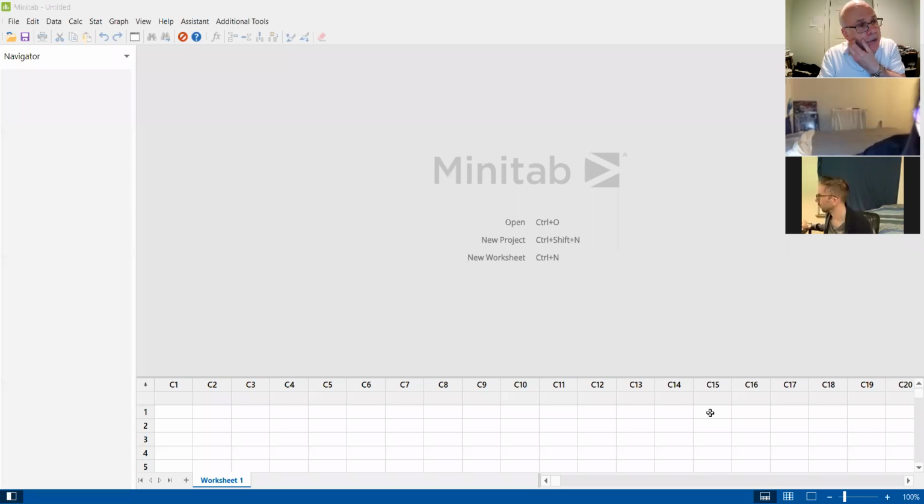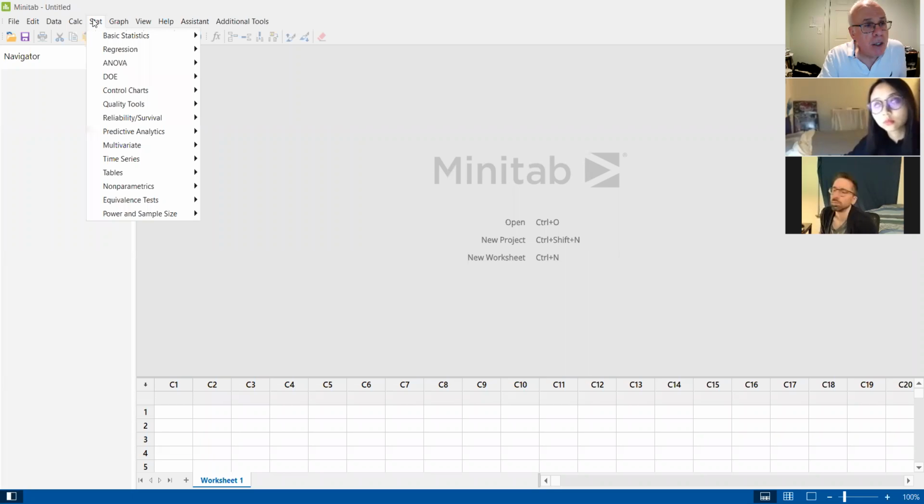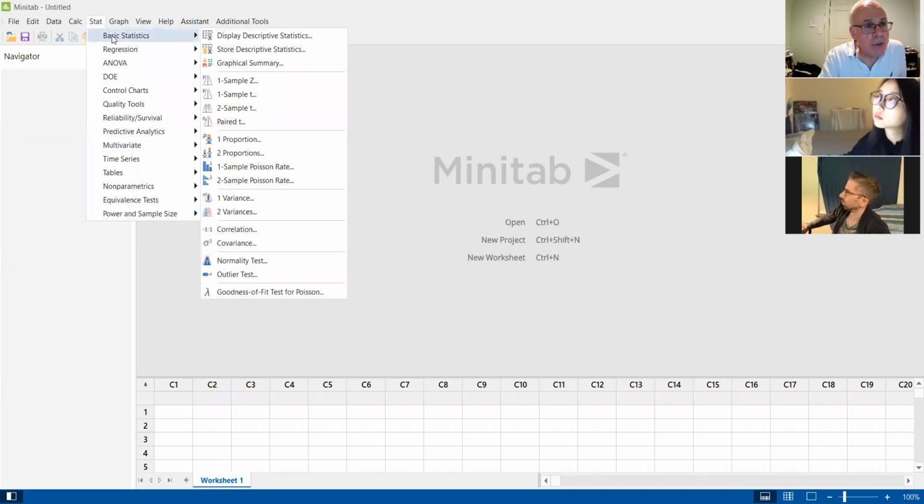If it doesn't, then we're going to have to do it another way. All right, let's share Minitab. Where do we find this stuff? Let's look under Stat. Maybe Basic Statistics would be good.